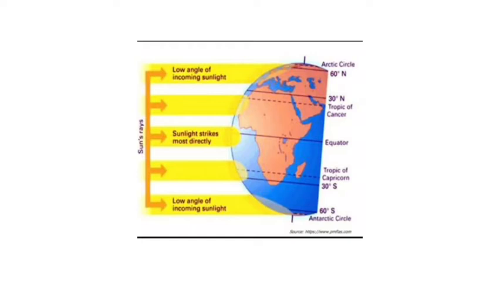The places situated near the equator receive a high amount of insolation than the places situated near the poles, because near the equator, sun rays are direct and near the poles, sun rays are slanting.